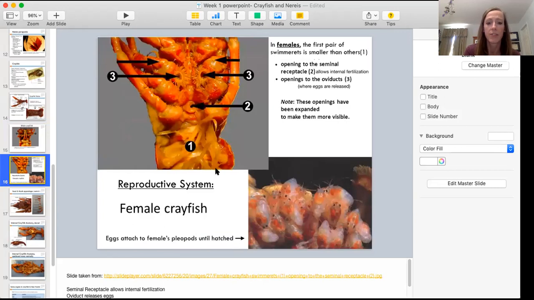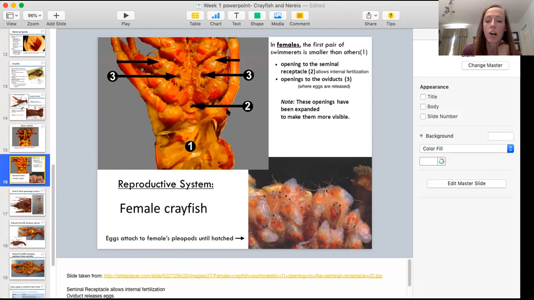And then if you look at the female, you can sort of see here that this is a tiny little pair, I believe, right here. You can see it's kind of trailing off to the left. That's one of them. And then the second, third, fourth, and fifth would all be larger swimmerettes than the first pair, if you compare them to each other.